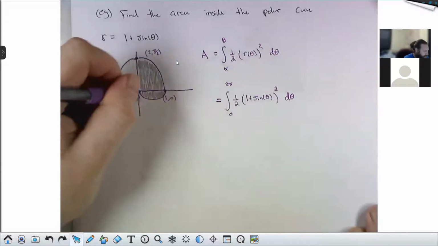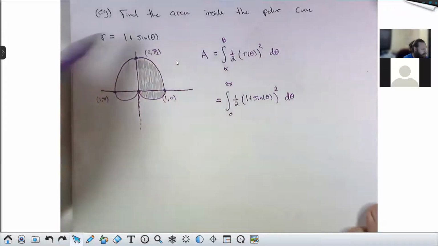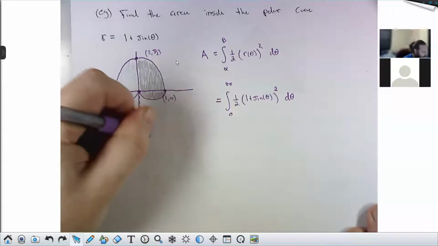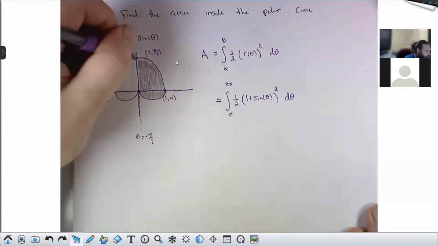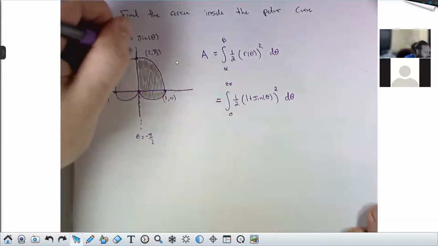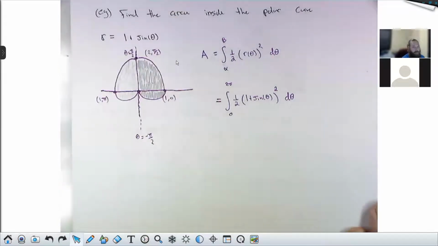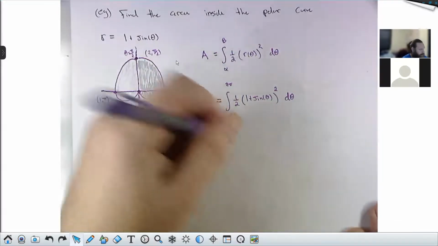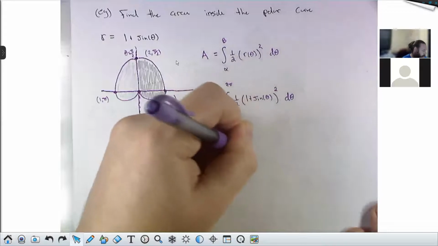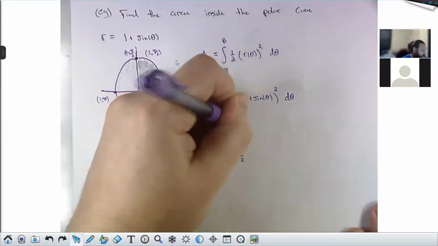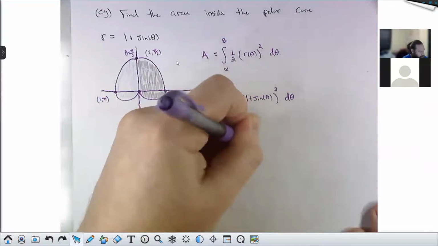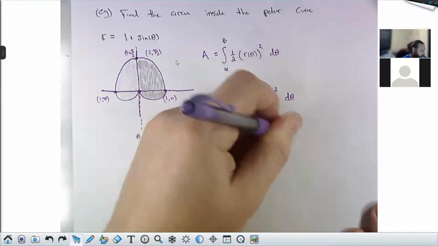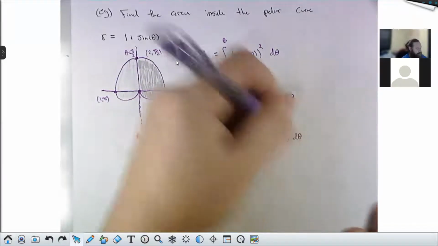So I could, instead of thinking of this as the integral from 0 to 2 pi, think of it as the integral from negative pi over 2 to pi over 2, and then just double it. So this is the same as 2 times the integral from negative pi over 2 to positive pi over 2 of 1/2 times 1 plus sine of theta all squared d theta.